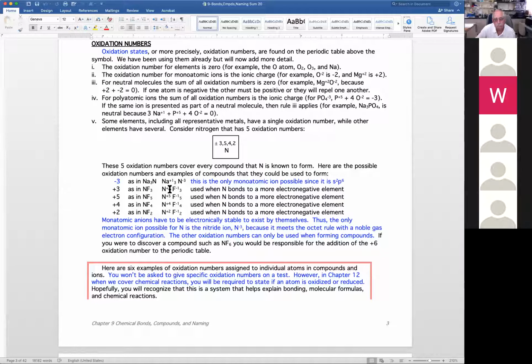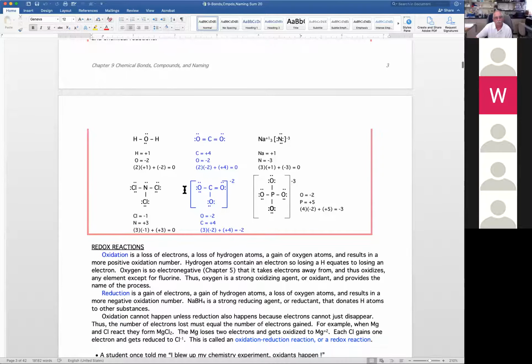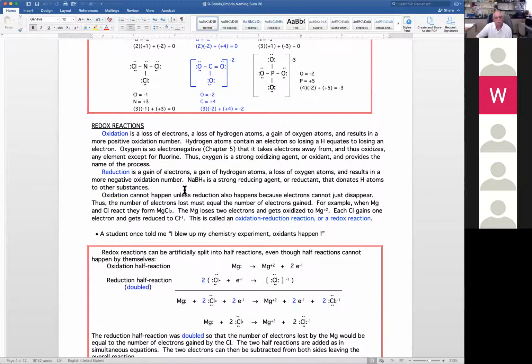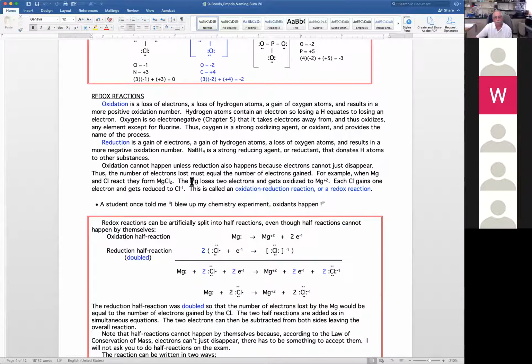But if nitrogen is going to be a positive, it has to be attracted to something that is relatively negative. And then redox reactions, simply know what is oxidation, know what is reduction. If you see one oxidation number change, that means it's a redox reaction.